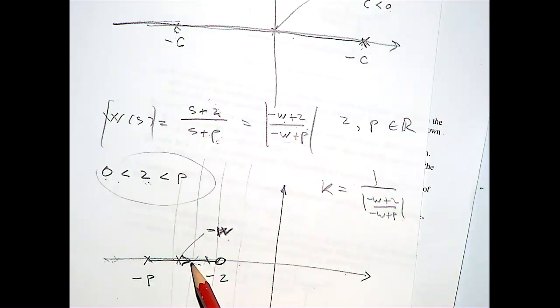So I pick this point and ask what's the gain corresponding to it. You can calculate it using that formula: plug the complex number you picked into the transfer function, which gives you a complex number. Find its magnitude, take 1 over that, and that's the gain. You get that from the magnitude condition of the root locus.